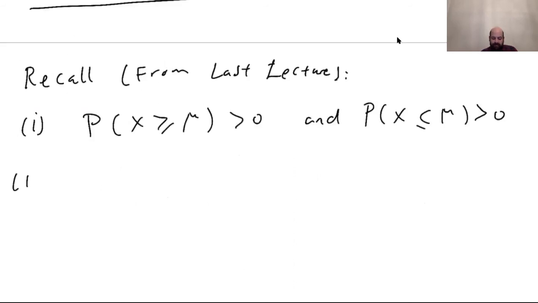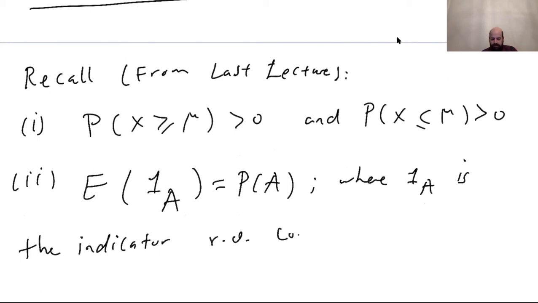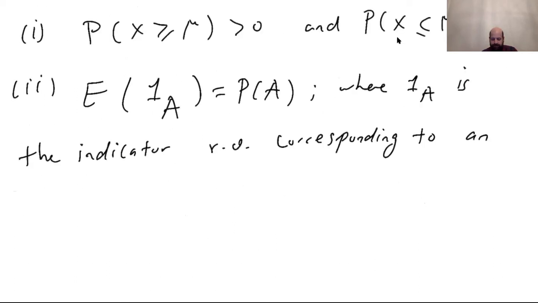And another thing was the relation between expected value and probability. So E of 1_A is equal to the probability of A, where 1_A is the indicator random variable corresponding to an event A.